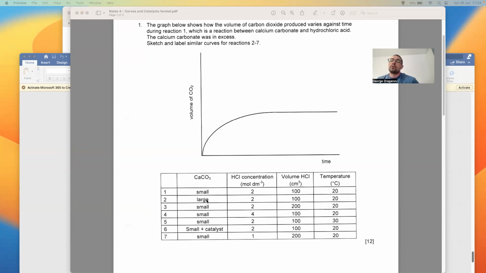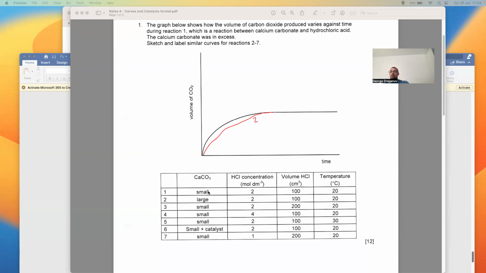Well, large chips would have a lower surface area. The small ones would have a higher. So the rate will be lower. Okay, so this will be number 2. Change color to blue.